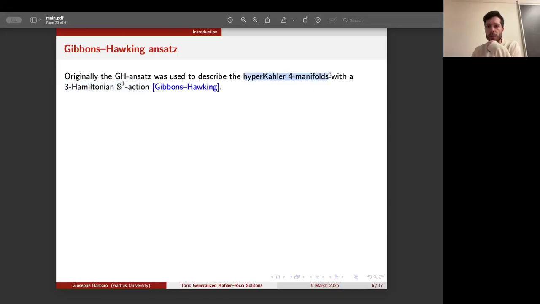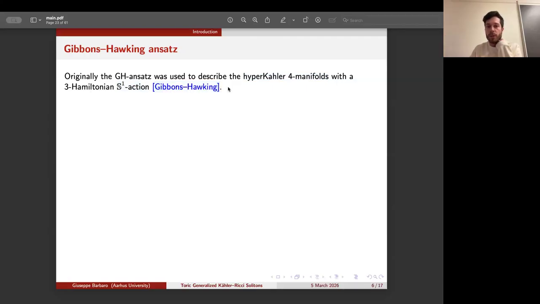I didn't give you the definition of hyperkähler, but maybe you know it. It is a Riemannian metric which is Kähler with respect to three different complex structures. You have these three Kähler structures, which are precisely the three symplectic forms that you're looking at, and you suppose to have an S1 action which is Hamiltonian with respect to all three of them. And they use this ansatz to describe these metrics.